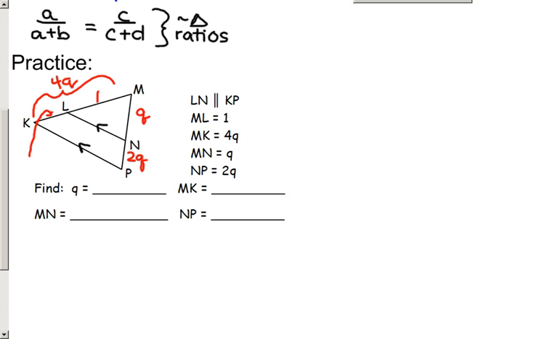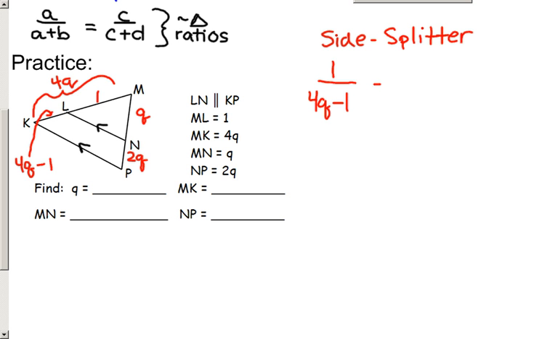Since the whole segment is 4Q and LM is 1, then I can call KL 4Q minus 1, which allows me to write the side splitter's proportion of 1 over 4Q minus 1 equal to Q over 2Q.